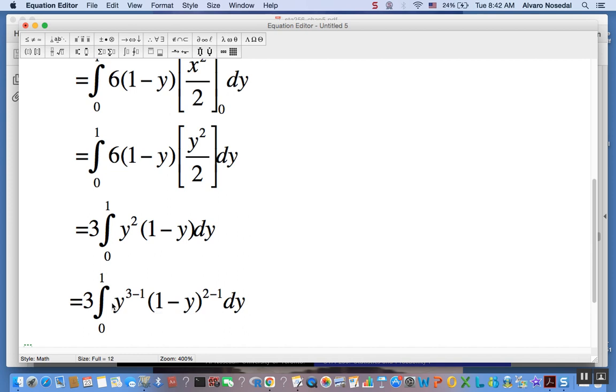We know that for beta distributions, you can take a look at, I think it's page 837 from your textbook, and there you will find the expression for a beta distribution.